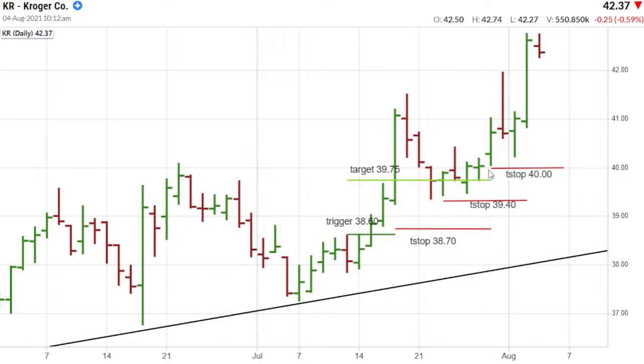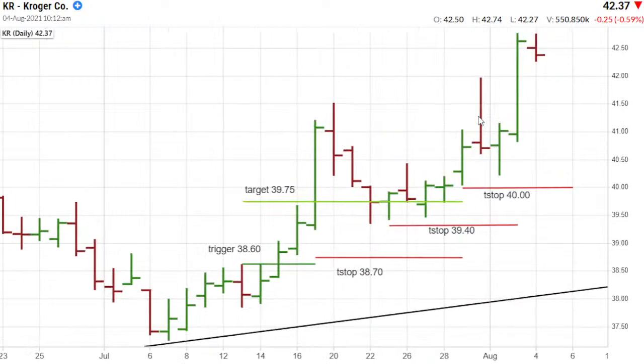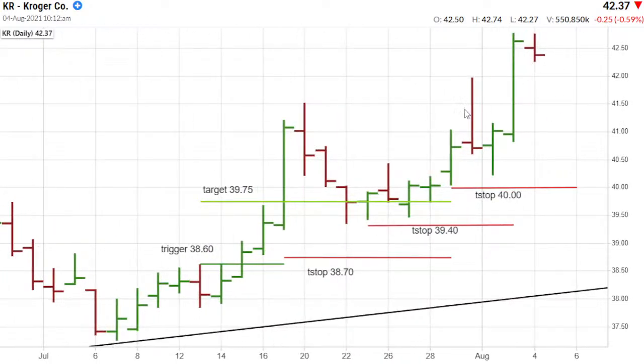The stop is kind of lagging behind back here, still at 40, even after that long range day. But the idea is that it's going to hang back just enough so that it could repeat a pattern similar to this and not get knocked out, right? So that's sort of the idea there.